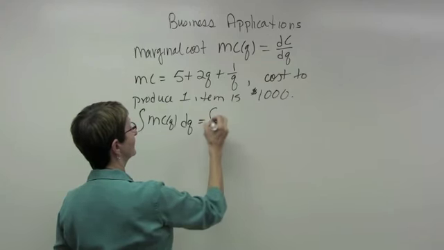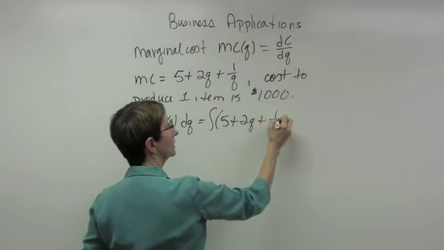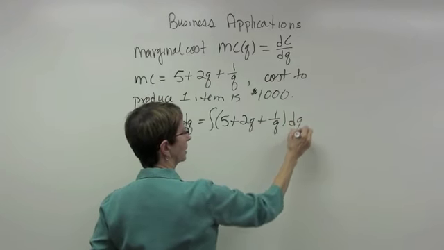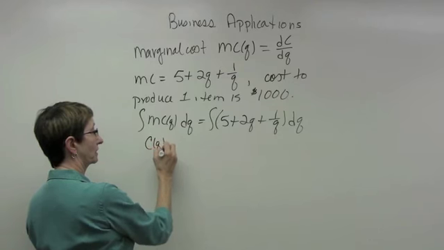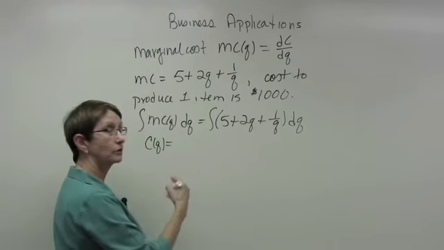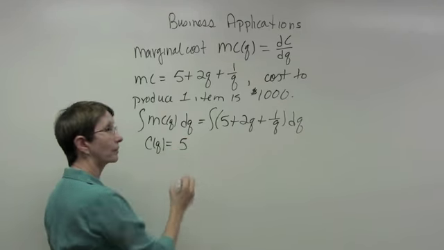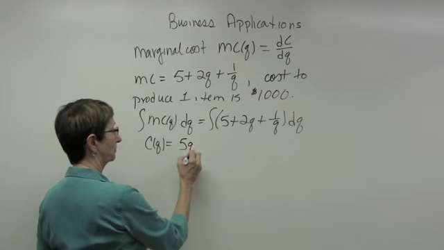So in this case, it is the antiderivative of 5 plus 2q plus 1 over q dq. So the cost function C of q, I take the antiderivative of the 5. Antiderivative of a constant says take your number and multiply by the variable. The variable is q. It's 5q.